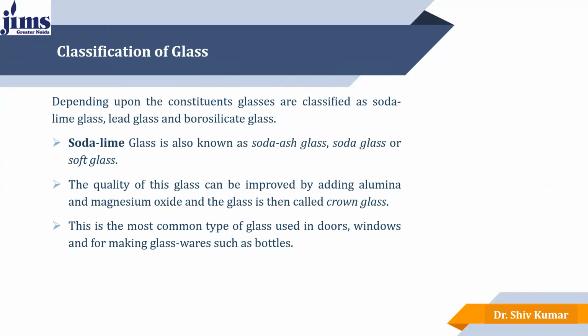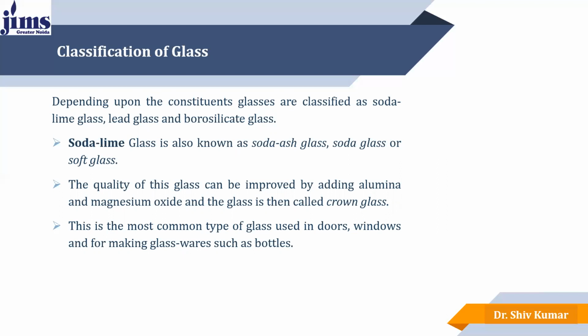Classification of glass. Depending upon the constituents, glass is classified as soda-lime glass, lead glass, and borosilicate glass. First we will discuss soda-lime glass, which is very common and used widely in construction, in glass doors, windows, etc. Soda-lime glass is also known as soda ash glass, soda glass, or soft glass.